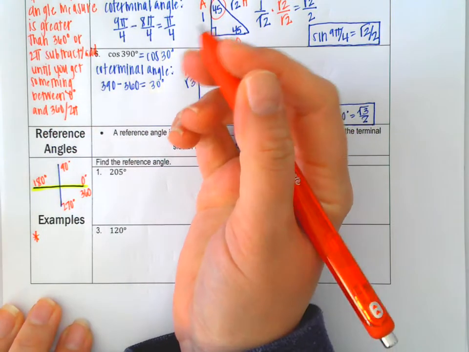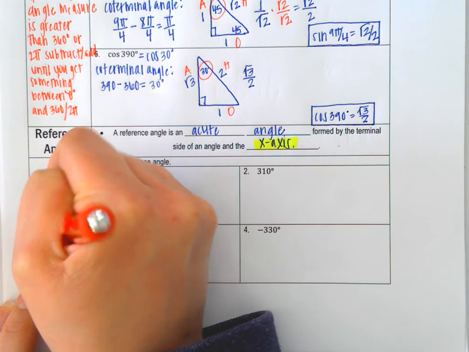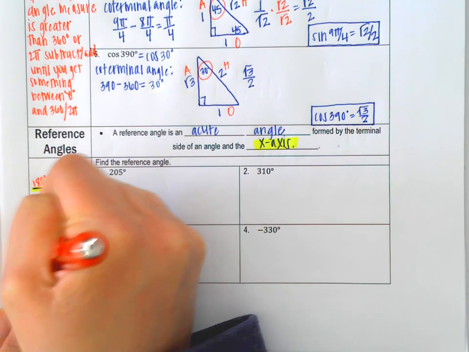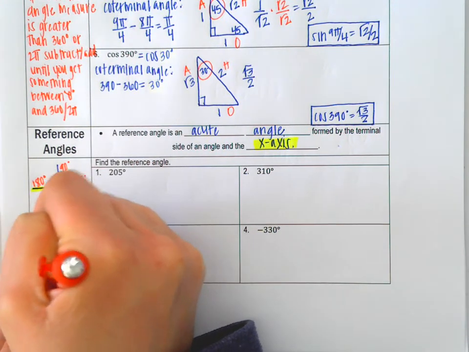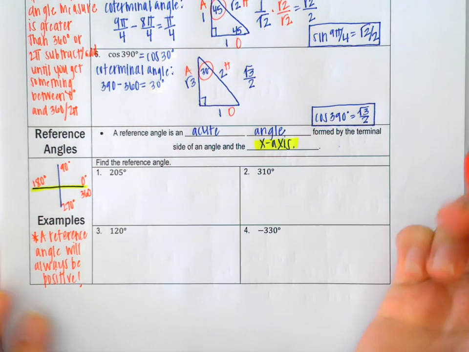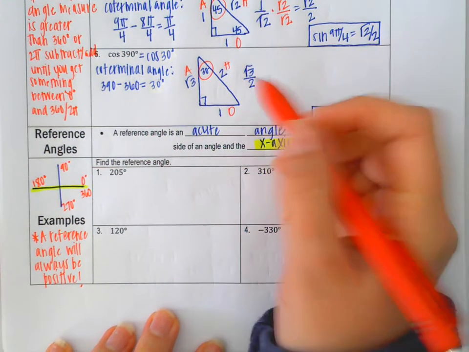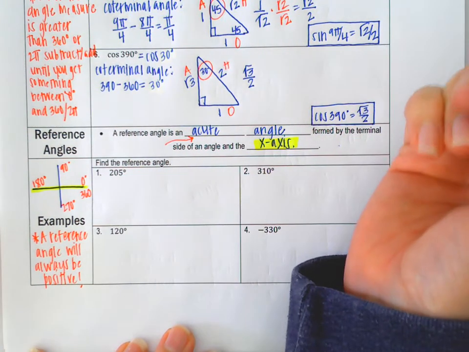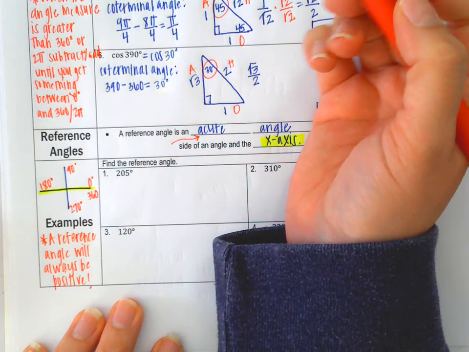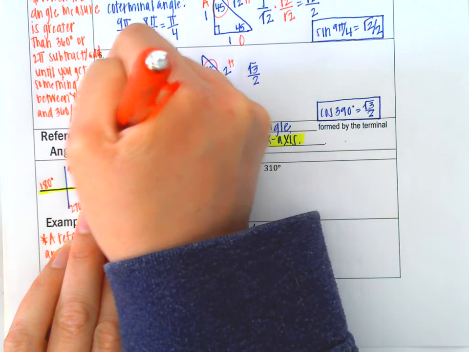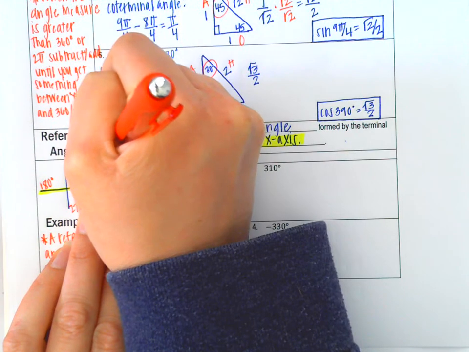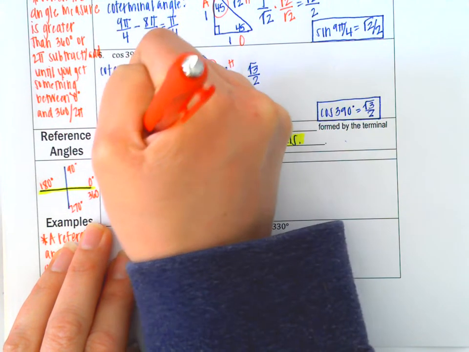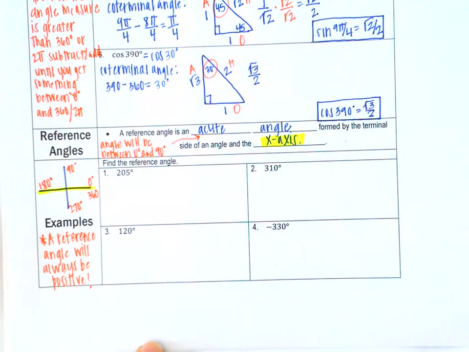A reference angle will always be positive, and because we know that it's acute, the angle will be less than 90 degrees, or basically between 0 degrees and 90 degrees.